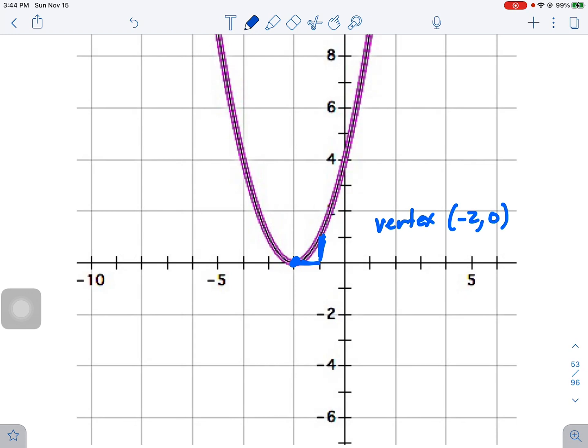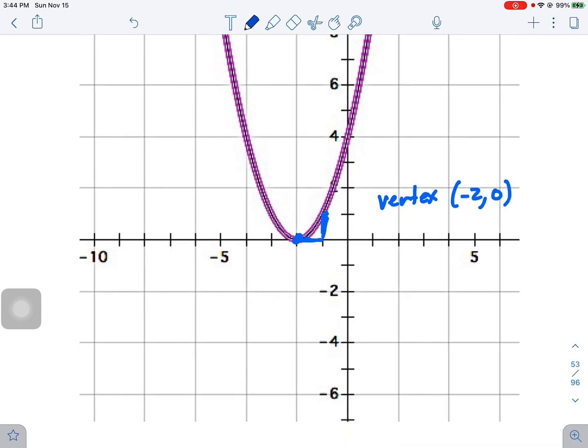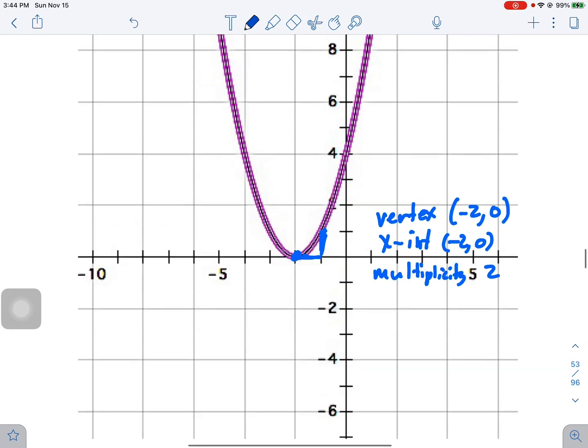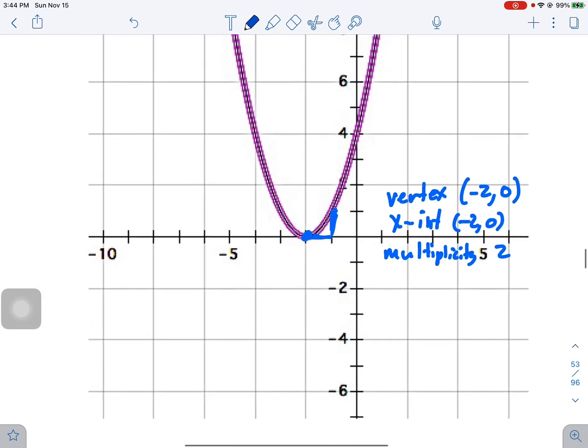It's also the x-intercept, also at -2, 0. And because it's quadratic, we know that there is multiplicity, meaning that it's x squared, so a multiplicity of 2 is another piece to look at here. But anyway, let's look at this.